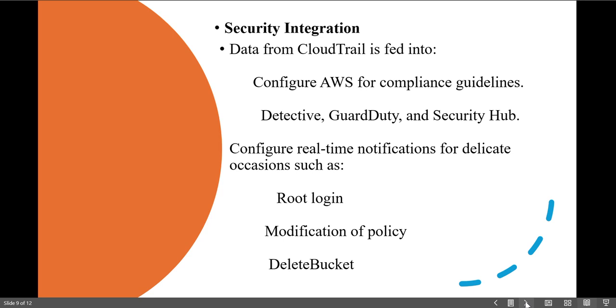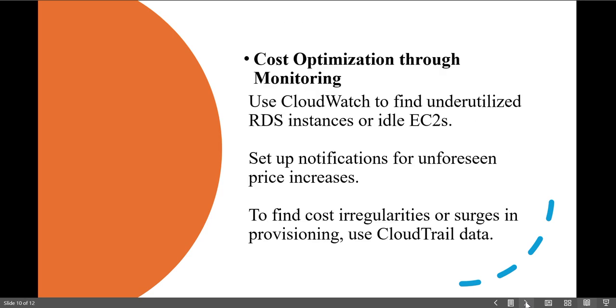And here are some of the security integrations. Data from CloudTrail can be fed into AWS Config for compliance guidelines, Detective, GuardDuty, and Security Hub. Configure real-time notifications for delicate events such as root login, modification of policy, create bucket, and delete bucket.